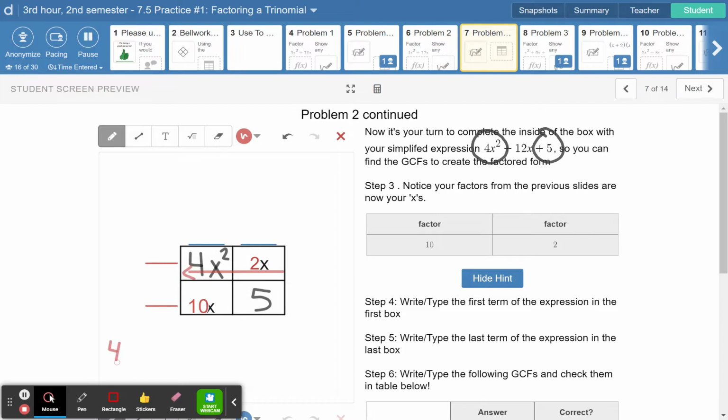GCF of 4x squared plus a 2x is going to be a positive 2 and an x, because the greatest number that 4 and 2 share is 2. And they both share at least one x. Greatest common factor of 10x and 5, the biggest number they share, is going to be a 5.